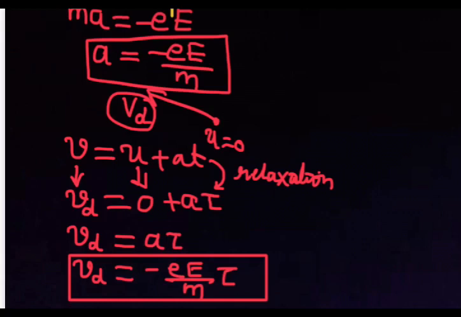Next, with respect to drift velocity, there is another important technical term called electron mobility, represented by the letter mu. Define electron mobility.